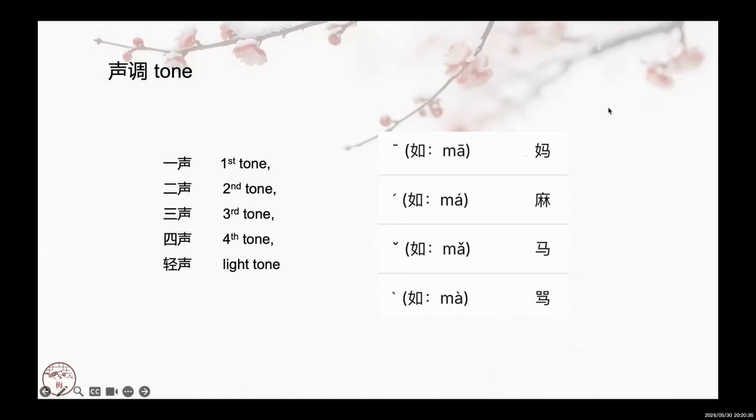The first, second and fourth tones are very strong and short. But for the third tone, you can feel there is a turn, a change in pitch when you pronounce it. Ma.